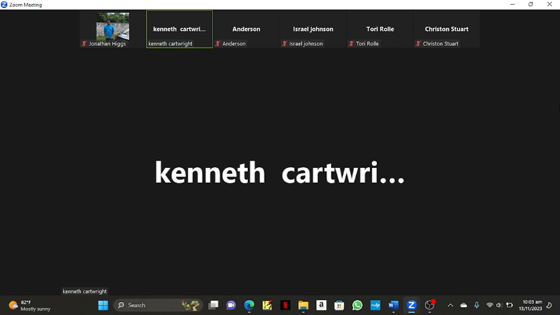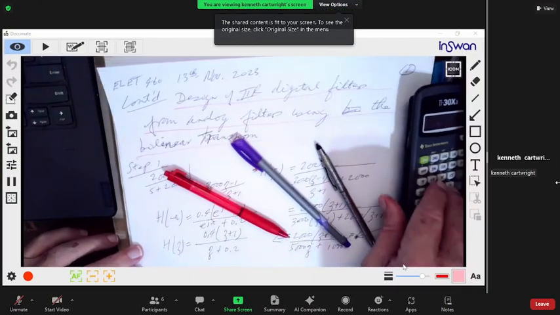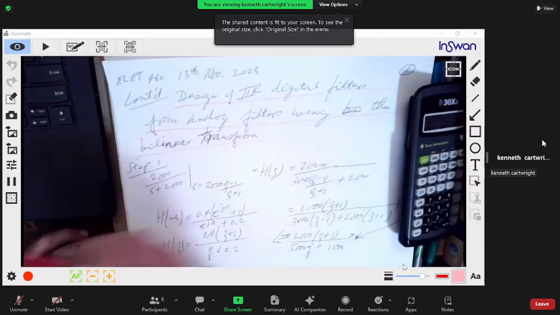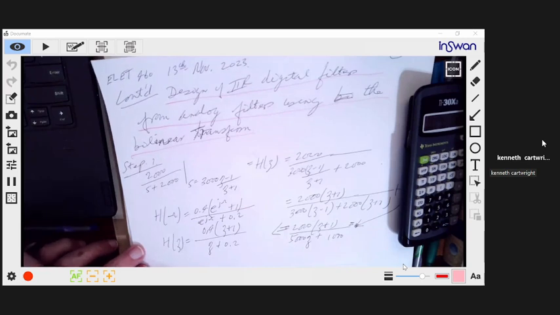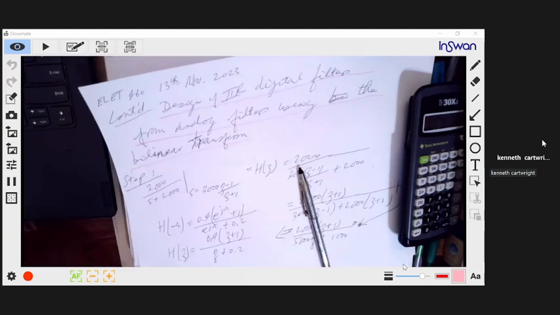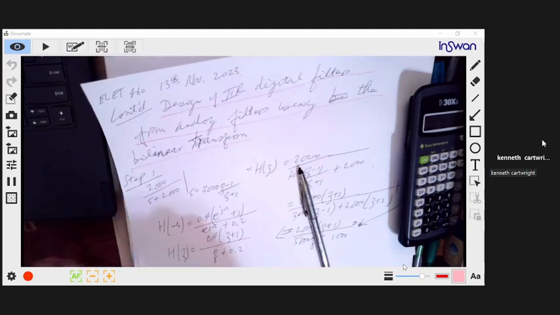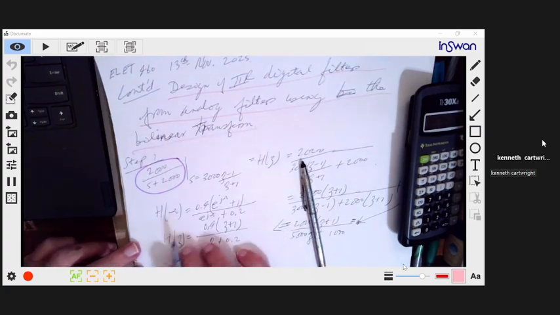Let me share my screen. Okay. So here's our Butterworth filter, analog.